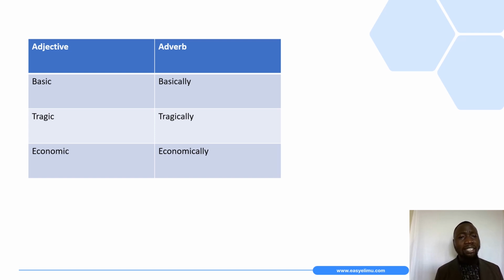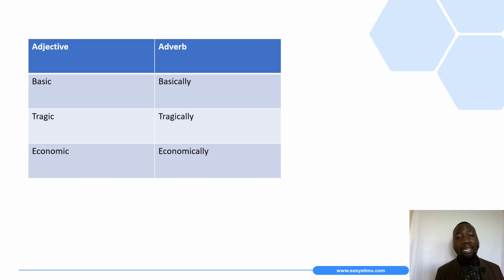Looking at other examples under the adjective column, there is the adjective basic. We also have tragic and economic. All three end in letter C. So if we add a double ly to the base of those adjectives, we will form basically, tragically, and economically.